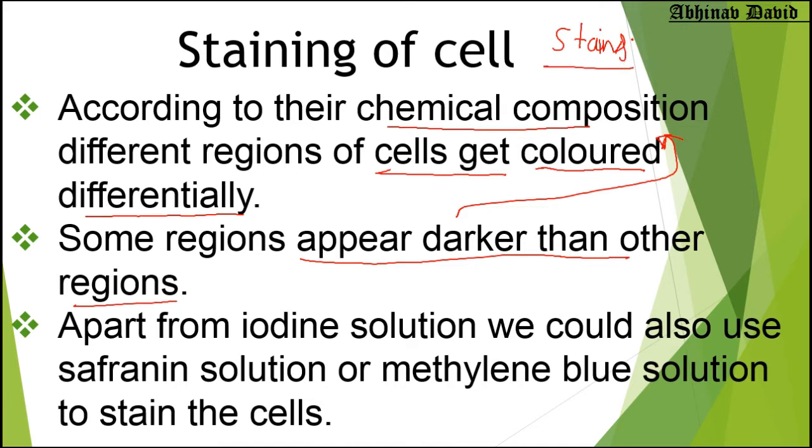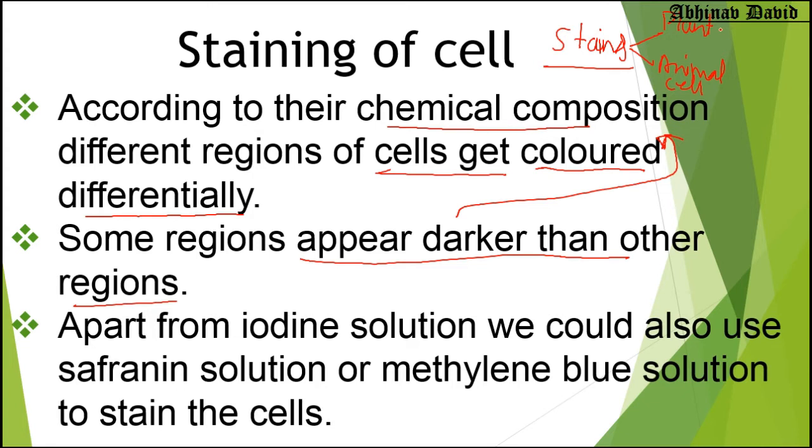Now, basically there are different types of stains. As we are going to study plant cell and animal cell, we can divide them as the stain which we use in plant cell and the stain which we use in animal cell.